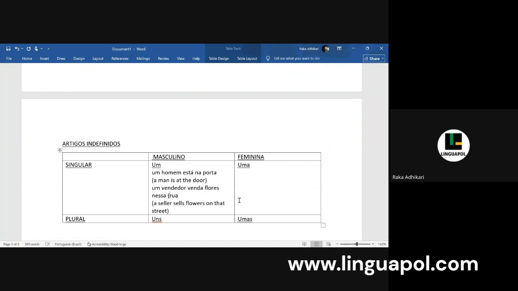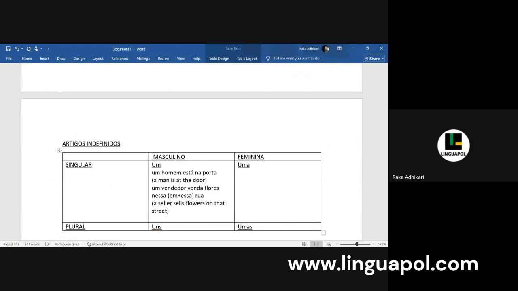Nessa actually has two words in it, em mais essa. Here the word em is a preposition. It means on. We have seen this before as well. Em means on and essa means that. And when they come together, they will not come as two different words. They'll become nessa. Nessa rua, on that street.